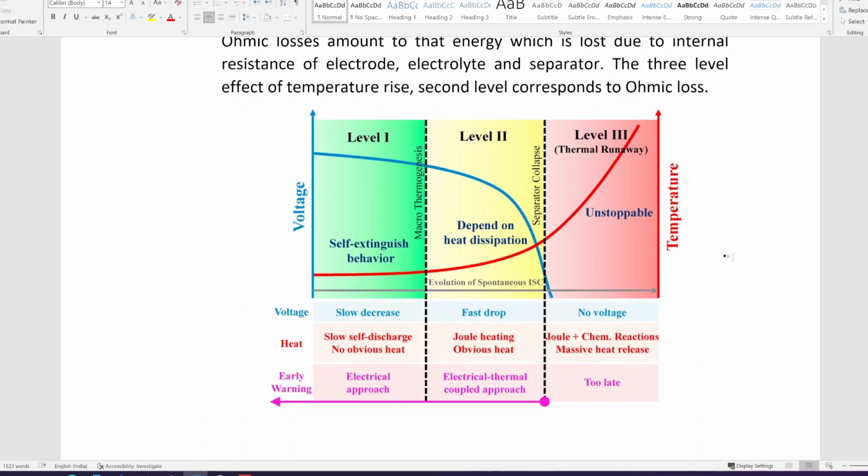We are looking at three different levels. In level 1, we have self-extinguished behavior. Then level 2 depends on heat dissipation, and level 3 is thermal runaway. So we will not go directly to thermal runaway with each thing that happens.